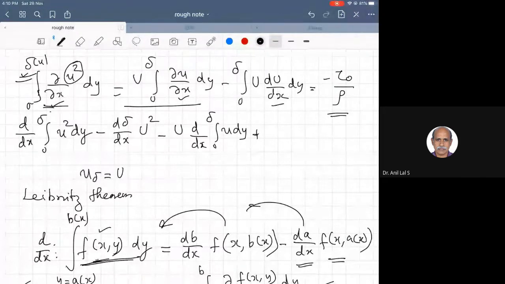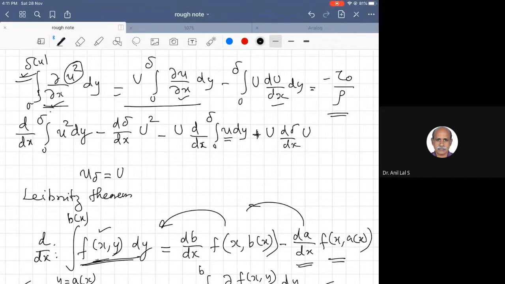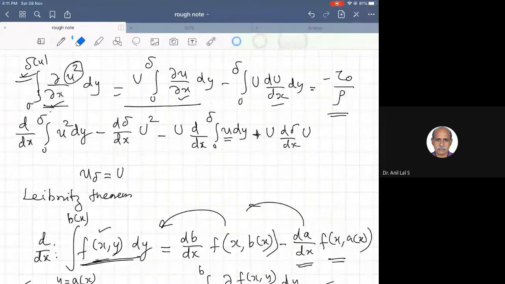U is common, and d delta by dx, and this u evaluated at delta is going to be capital U. So you apply the Leibniz rule to change the order of integration and differentiation.